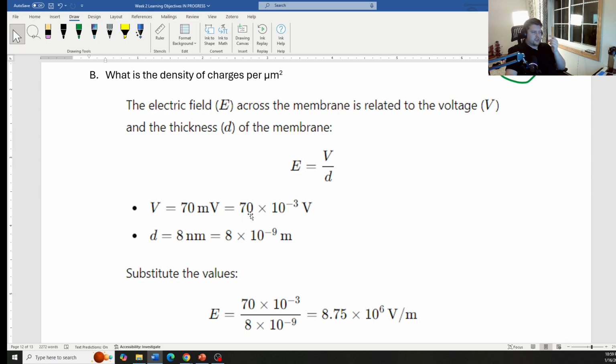So that converts to 70 times 10 to the negative third, so that's 0.070 volts. Nanometers, this is 10 to the negative ninth, so this would be 0.000000008 meters. Very, very small distance.